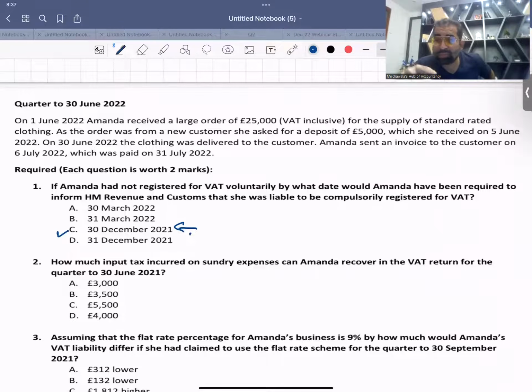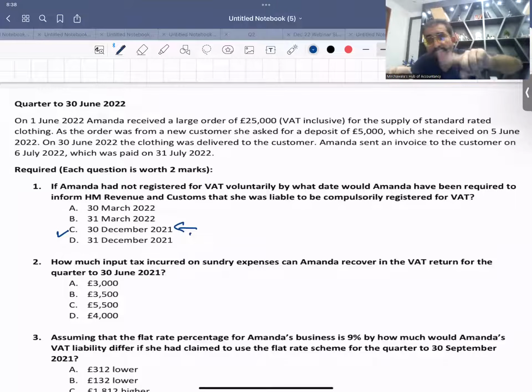This was a technical MCQ. It is written very clearly in the book: from 30th November, if you add 30 days, it is 30th December.